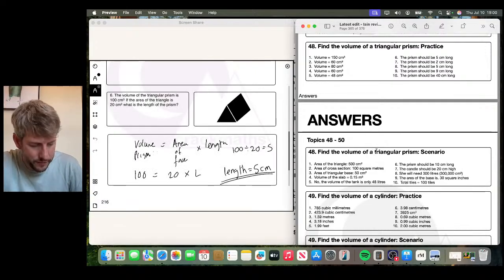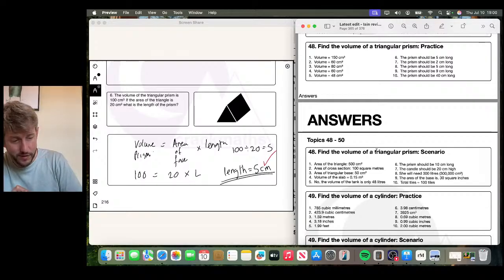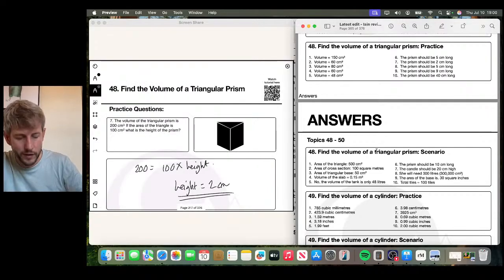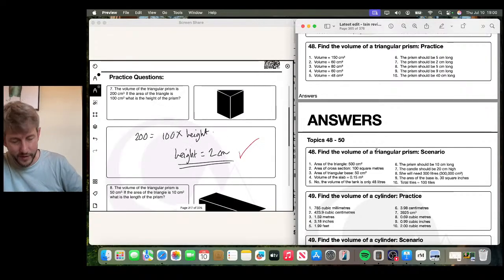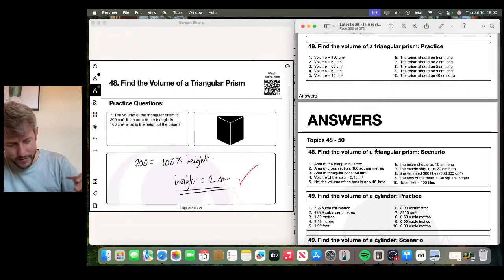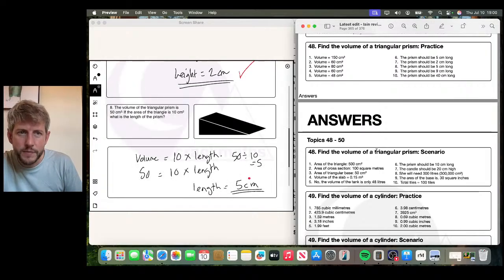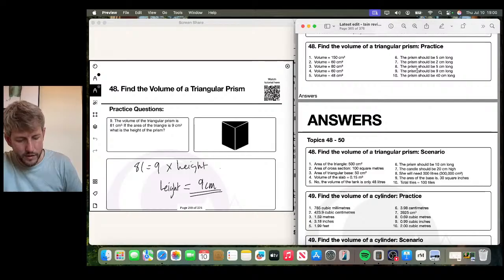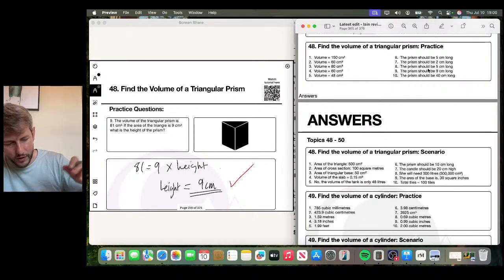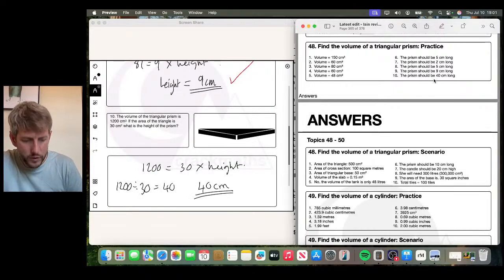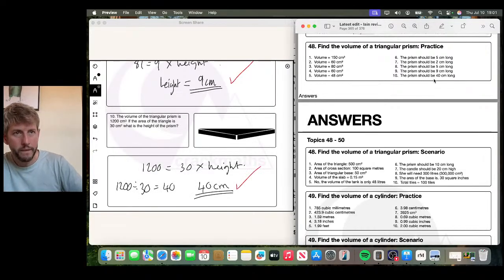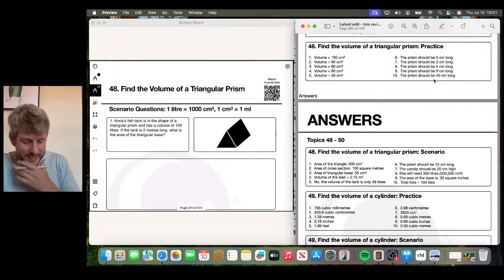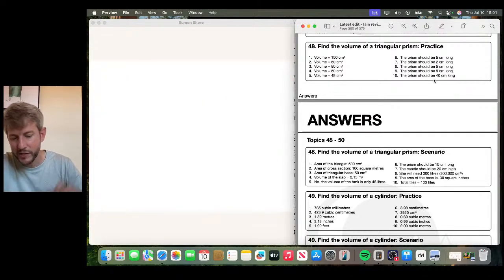So we've got here 5 centimetres, and then we've got here 2 centimetres, and then we've got down here 5 centimetres. Yeah, that's right. Question 8 is 5 centimetres. Then we've got 9 centimetres. Yep. And then we've got 40 centimetres. Excellent.